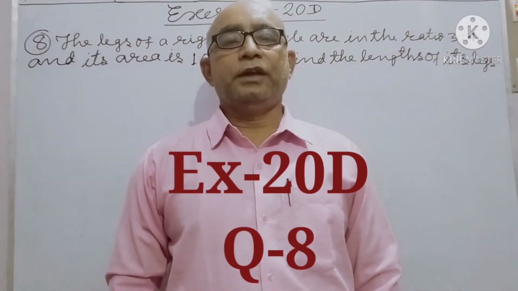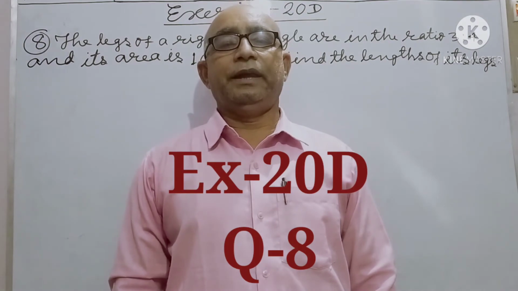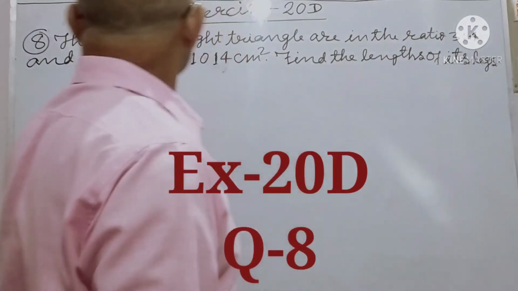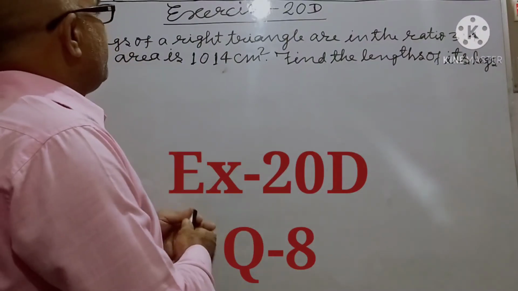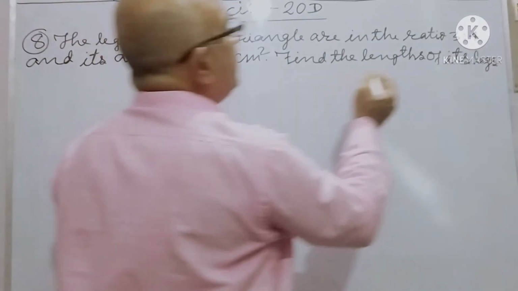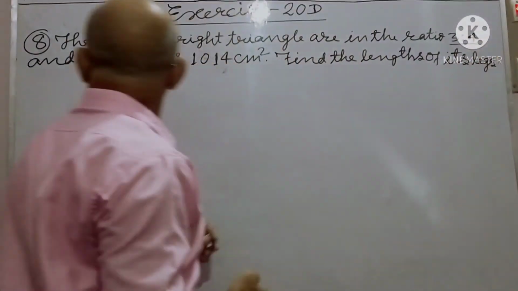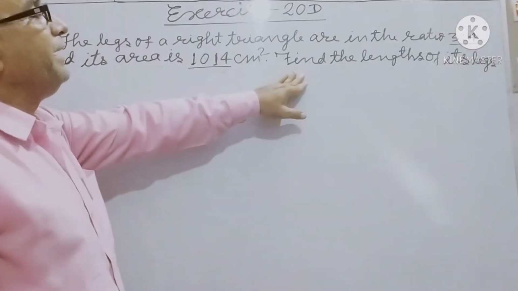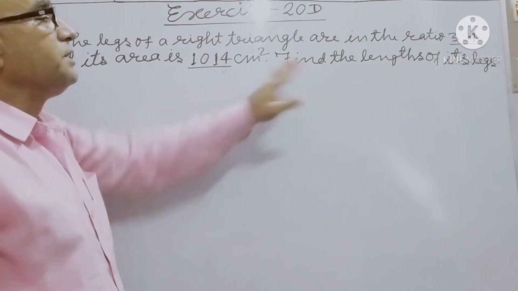Students, next question is question number 8 of exercise 20D. In this question, the legs of a right triangle are in the ratio 3:4 and its area is 1014 cm square. Find the length of its legs.